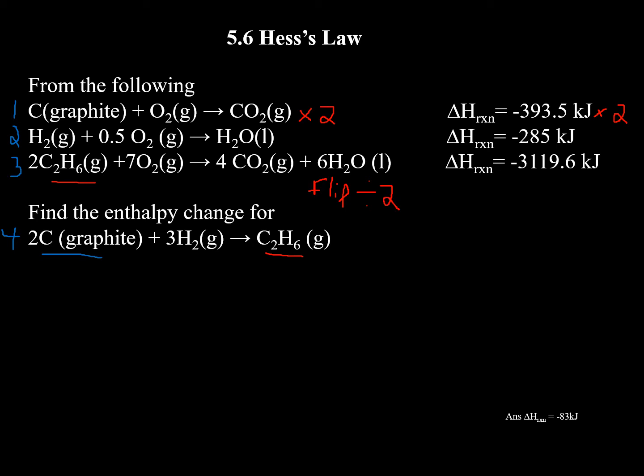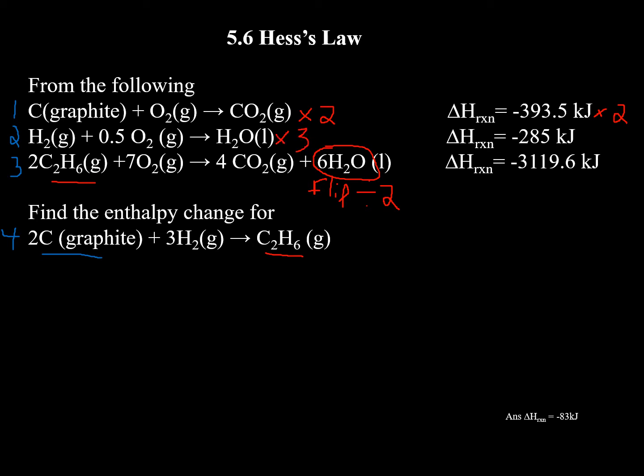And we also observe here, because we've done that, we flipped it and divided by 2. This now becomes 3 waters on the reactant side, and we have 1 water on the product side. We have to multiply this by 3 so that the waters cancel.